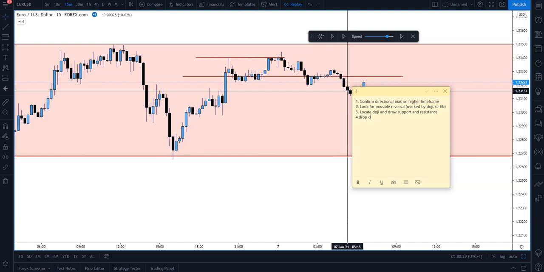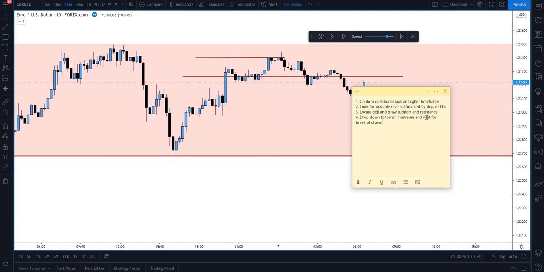Drop down to lower time frame and wait for break of drawn SR. Break and retest of drawn SR. Take trade.